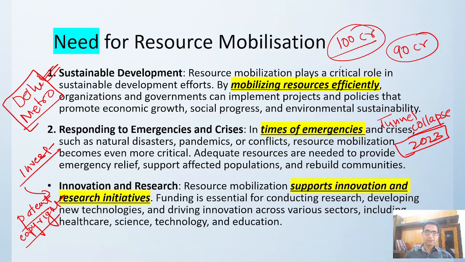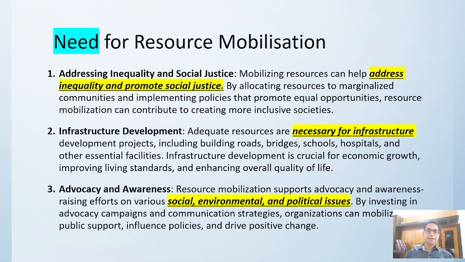So funding and resource mobilization are needed to support innovation and research initiatives. Then, addressing inequality and social justice. In our country we have a lot of inequality in the form of scheduled castes, scheduled tribes, other backward classes, and various other categorizations under that.